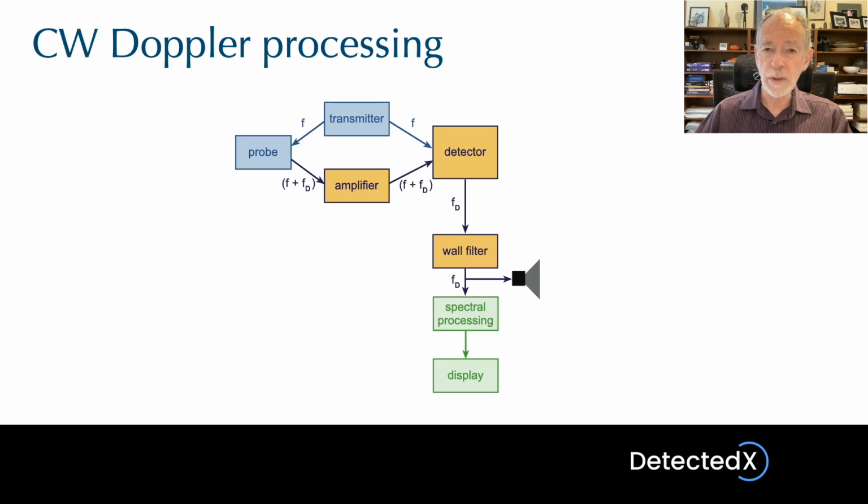That is then wall filtered, as I mentioned in the previous talk, to remove echoes that might come from moving tissues, and we then have an audible signal we can listen to, and that is also processed to produce the spectral display that I've shown you. One extra complexity which I haven't shown you here is that the machine processes the echo signal in a way that allows it to tell whether the blood or tissue is moving towards the probe or away from the probe.